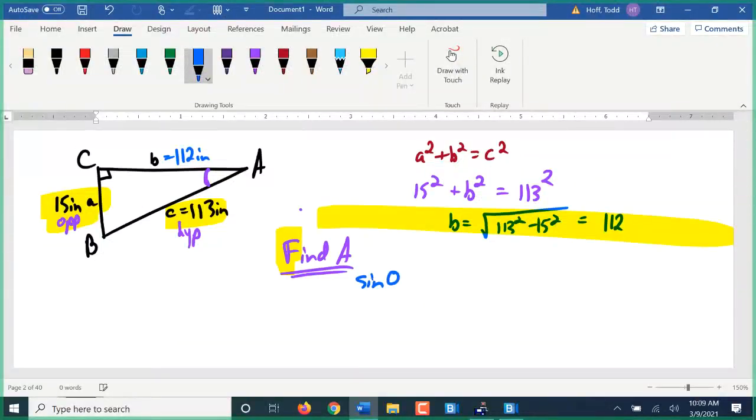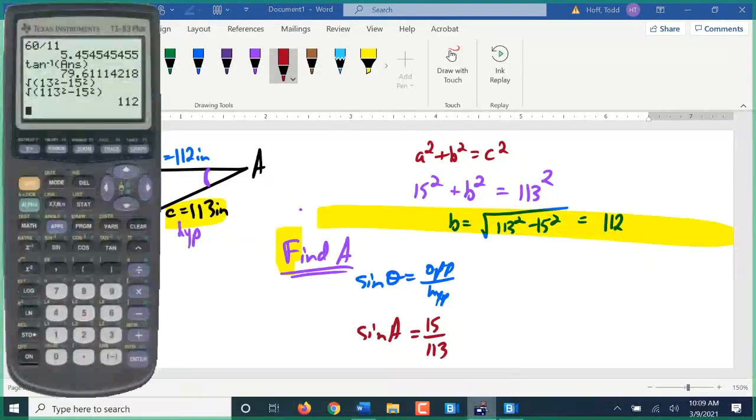The sine of an angle is opposite over hypotenuse. The sine of A equals the opposite, 15 inches, over the hypotenuse of 113. Notice I dropped the inches because those units have to be the same, so they cancel out. But I should double check that both of them were in inches.